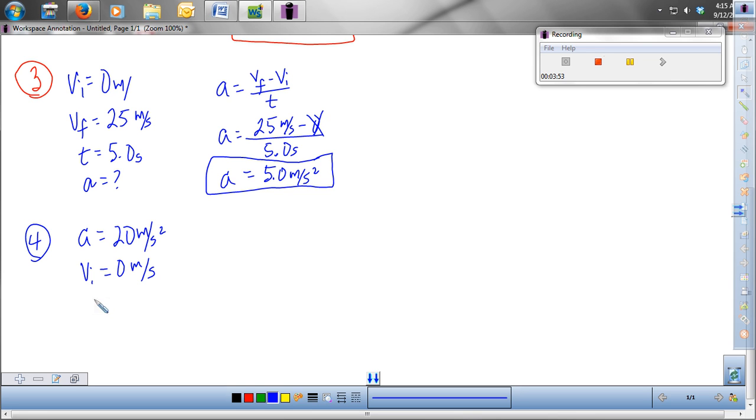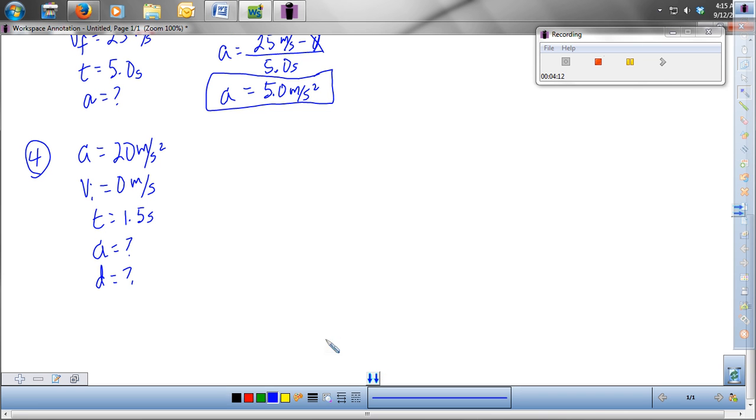And I want to know the final speed and the distance covered. Now the distance covered, I'm going to call this time 1 because the time is going to occur for 1.8 seconds. So I'm going to make this be 20 with a decimal there, so I know that that's 2 significant digits.